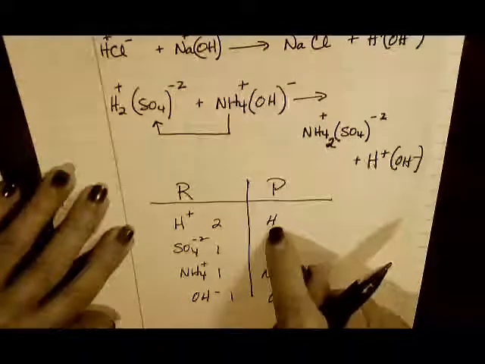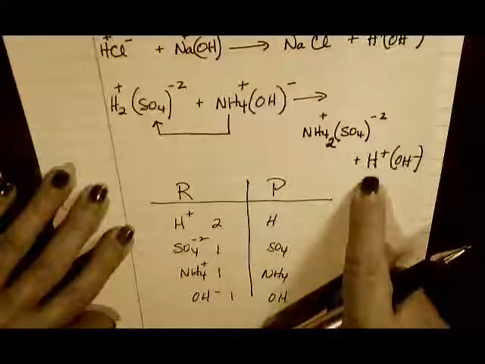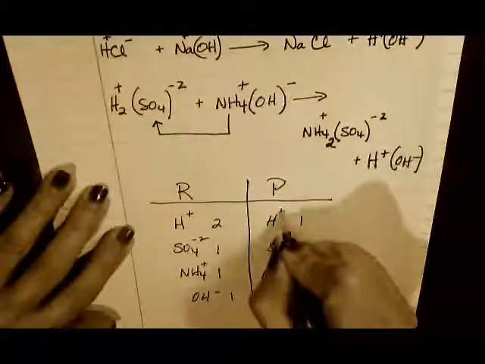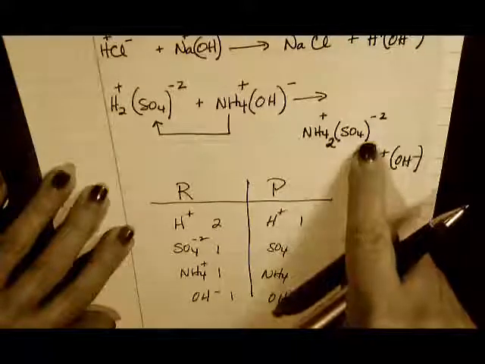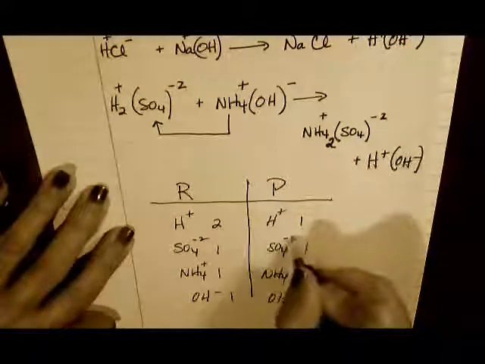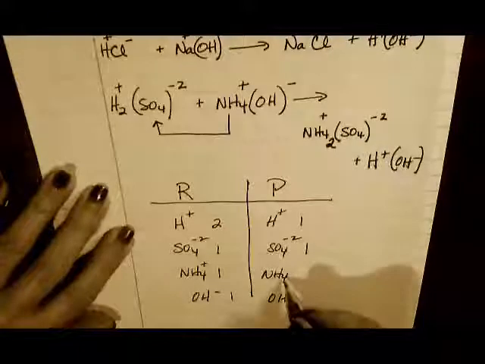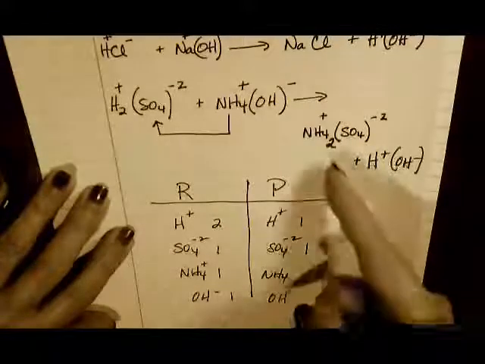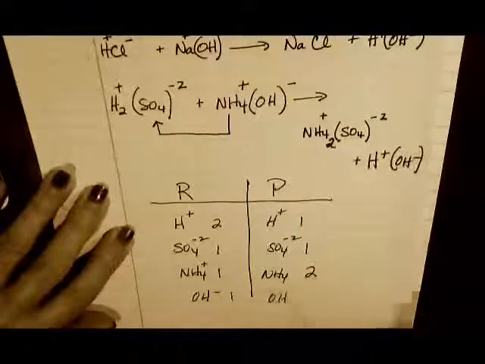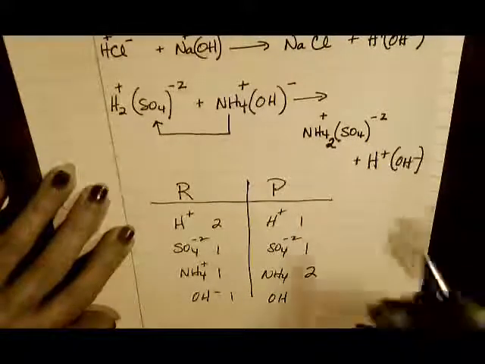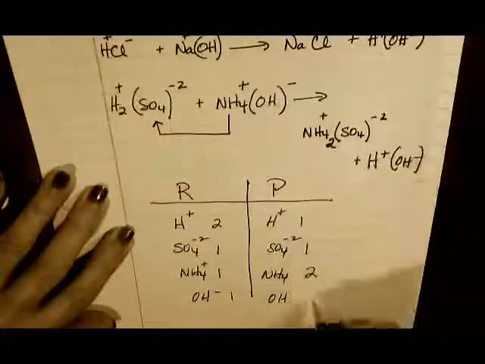H is over here. We only have 1, so that's a problem. SO4s, 1. NH4, based on the chemical formula, we realize we have 2. And OHs, 1.